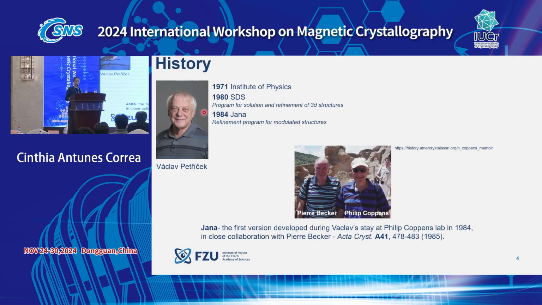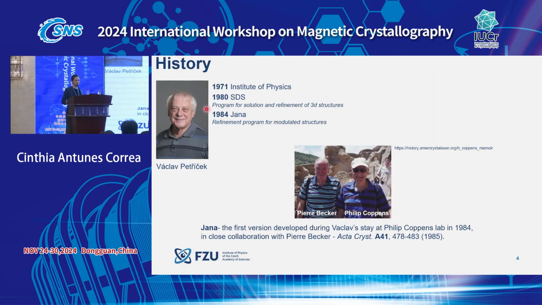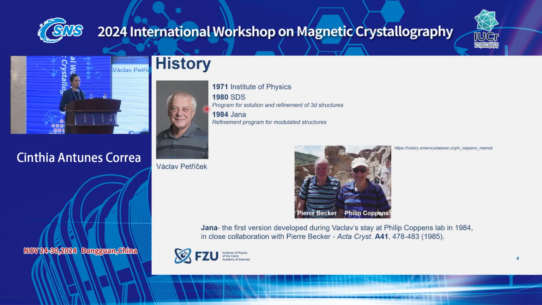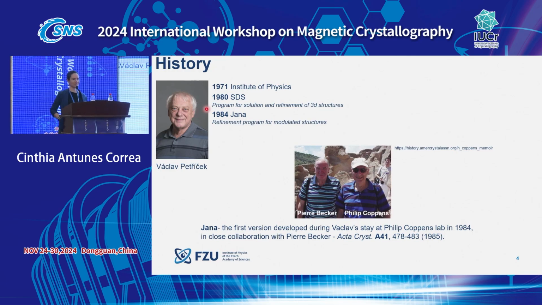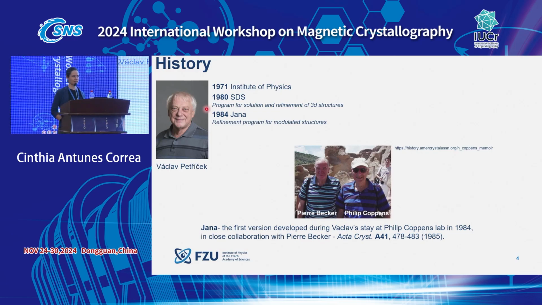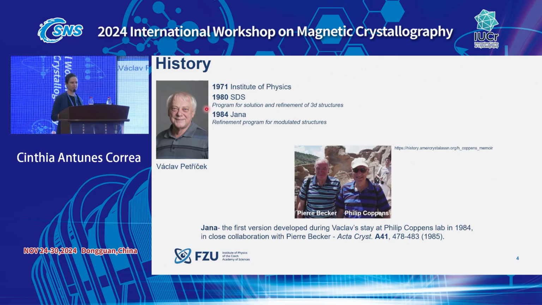He started working at the Institute of Physics in 1971, and like other colleagues developing software, he was interested in materials and needed some tool to analyze the structures. So he started initially with a program for solution and refinement of 3D structures called SDS.